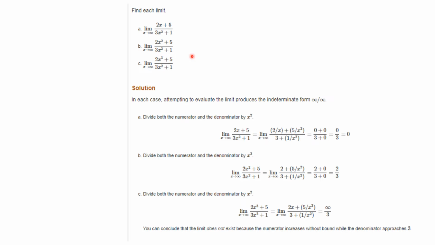So you see, if the numerator and denominator are of the same degree, when I divide, it will go to the ratio of the leading coefficients, the highest degree terms. If it is bottom heavy, it will go to 0.